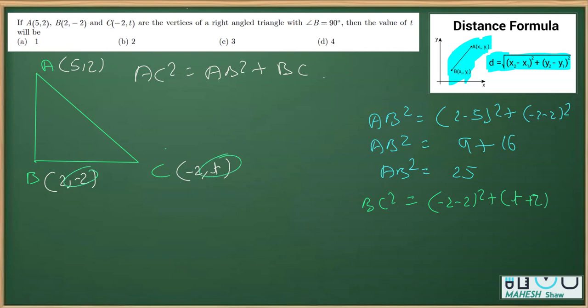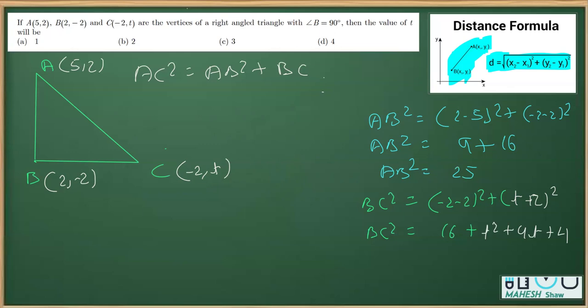T minus minus 2 is plus, so it's (t plus 2) whole square. On expansion, this is 16 plus, applying (a plus b) whole square, a square which is t square, plus 2ab which is 4t, plus b square which is 4.